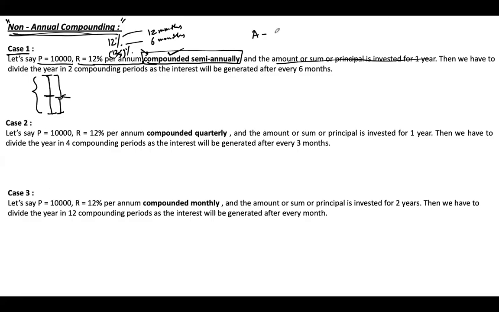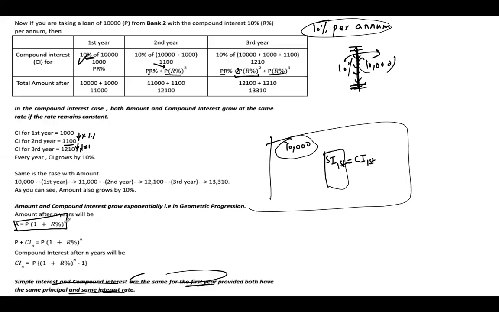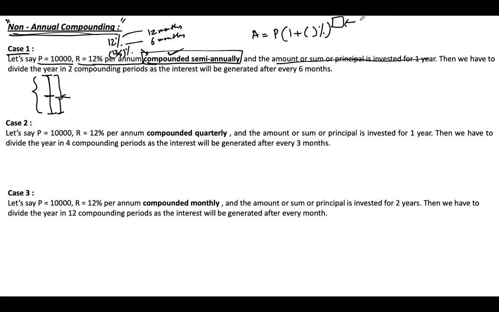Let's say amount equals principal times 1 plus rate percent to the power n. Earlier n stood for number of years; here n will stand for number of compounding periods, or compounding durations. So if we have a period of 1 year and there's a semi-annual compounding happening every 6 months, then how many compounding periods are there?